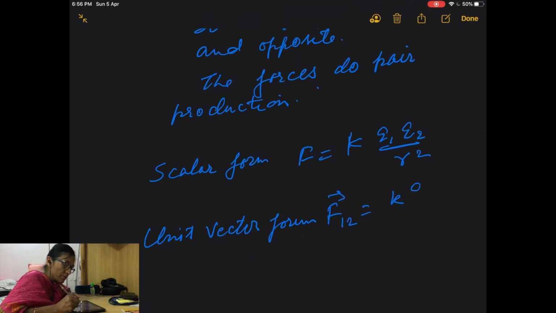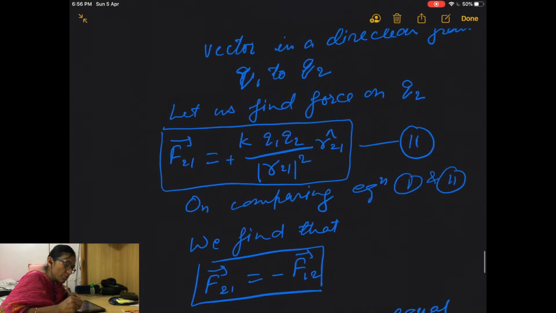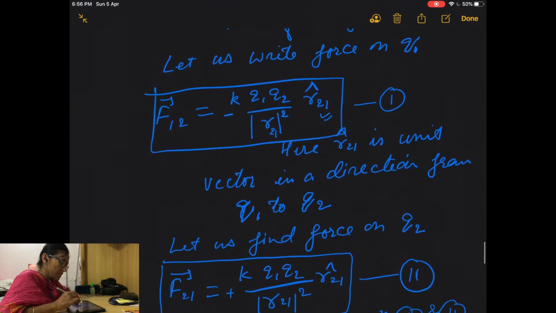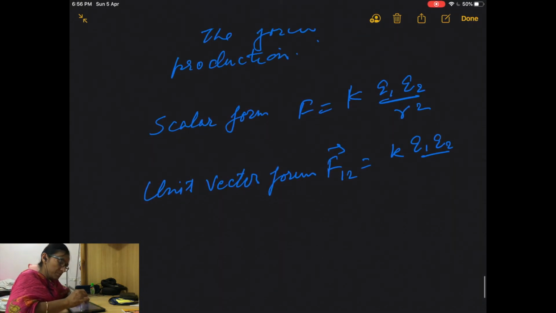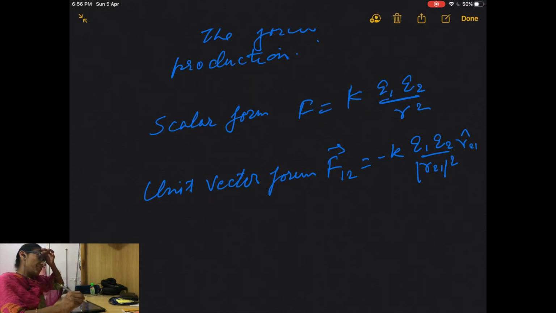F12 is equal to K Q1 Q2 by modulus of R21 square, into R21 unit vector.